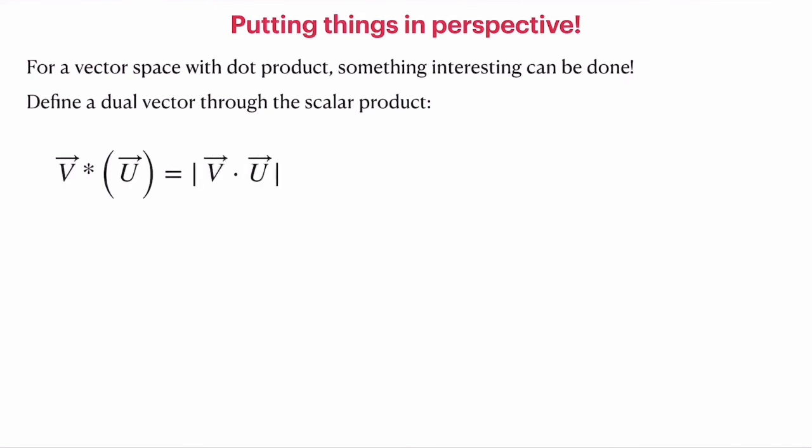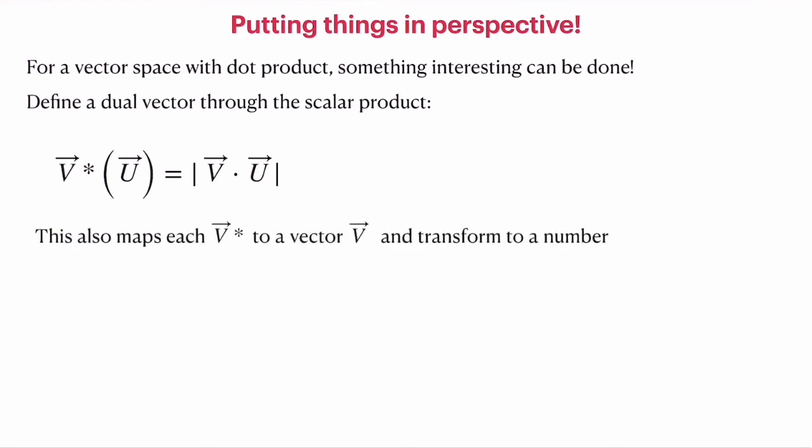That means we say that V star acting upon vector U is essentially V dot U, and that is a number. So this does two things. It transforms the dual vector V star to a vector V in a unique, one-to-one way, and then takes the dot product and transforms it to a number.